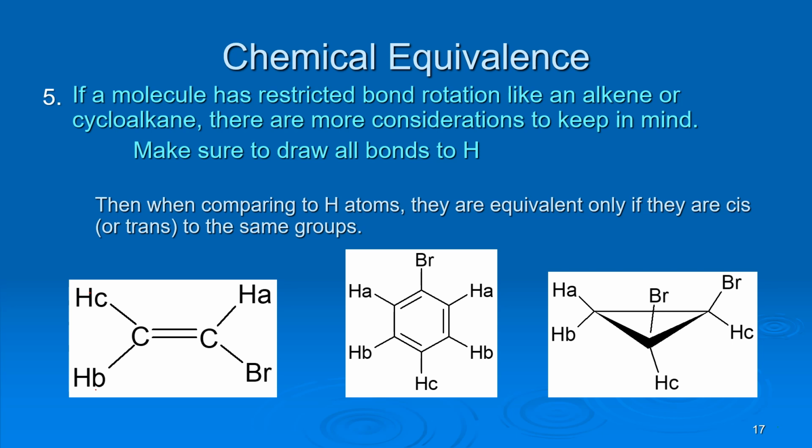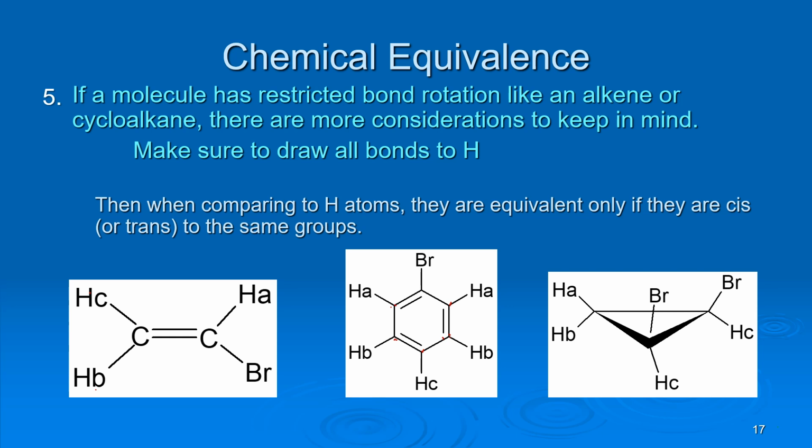Similarly on a benzene ring, you've got the bromine here, and you can see that the HAs are the closest to the bromine, and then the Bs are a little bit farther away, and then the C is over here. So you're going to see they're really close to each other, but you're going to see 3 different peaks in this case, and this one will also give you 3 peaks.